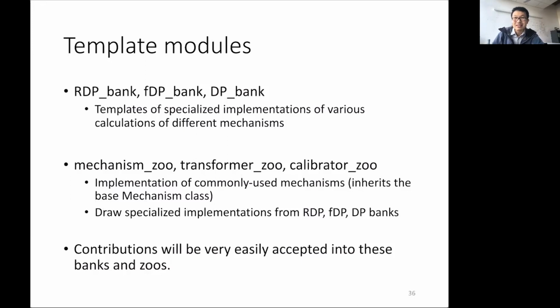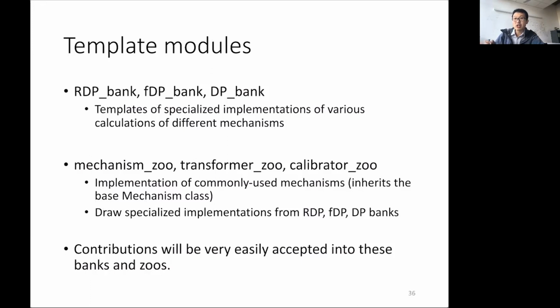Because of these, this open source project can easily accept third-party contributions. Many of these contributions will go directly into these banks or the zoos, which will have very little effect on the backbone of the AutoDP pipeline.